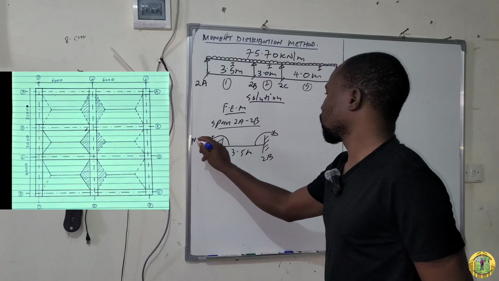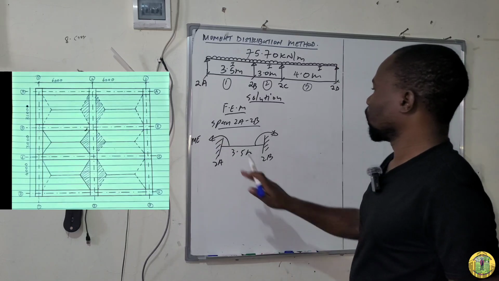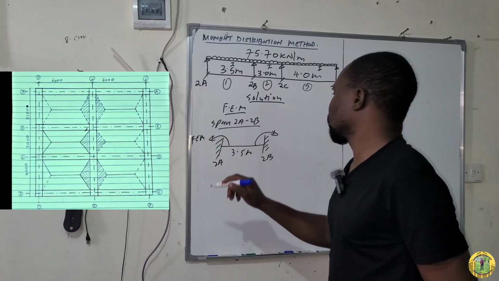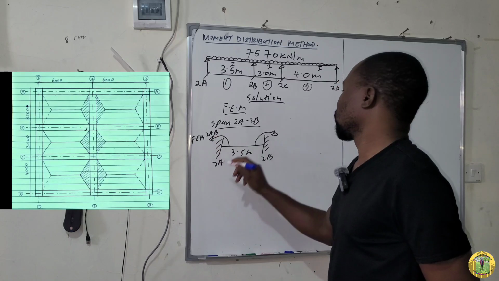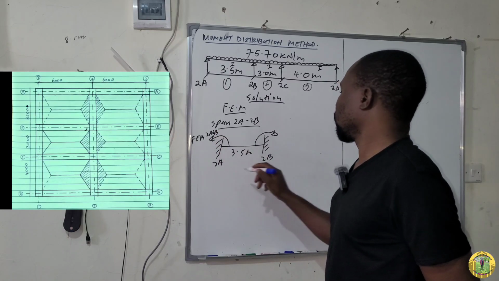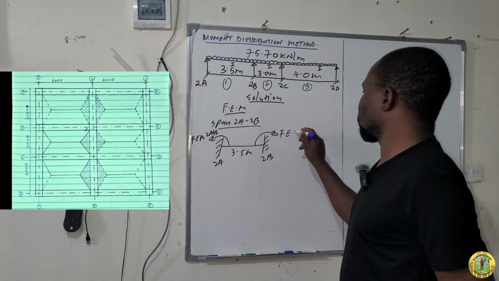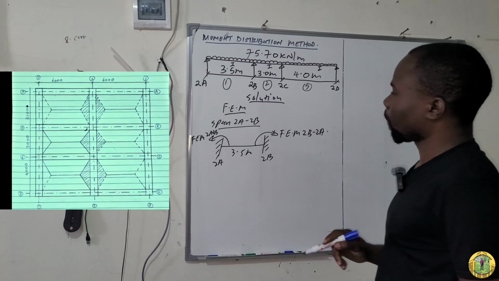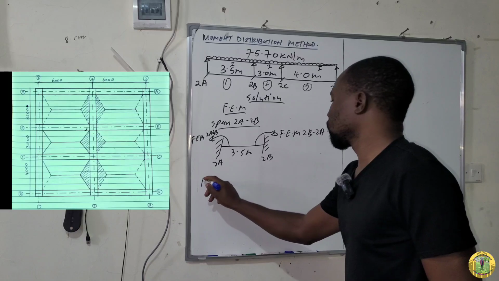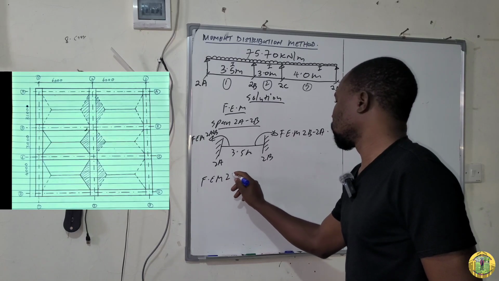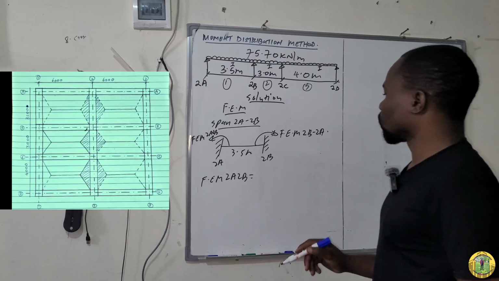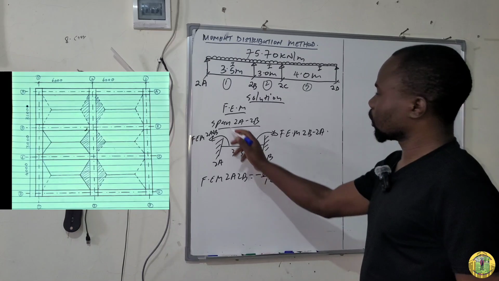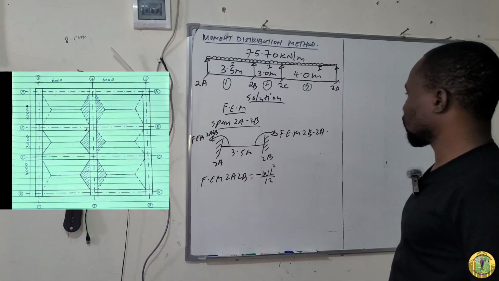So this is fixed end moment 2A to B, and this one is fixed end moment 2B to A. So fixed end moment 2A to B is equal to minus WL square all over 12, because this is moving in anti-clockwise direction.